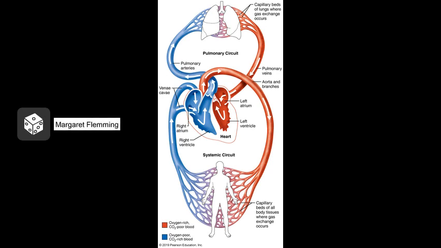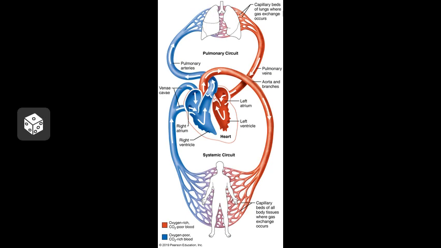The whole purpose of the heart is to pump, to create enough pressure by contracting the muscles that form the chambers, that pressure ends up pushing blood through the different circuits.